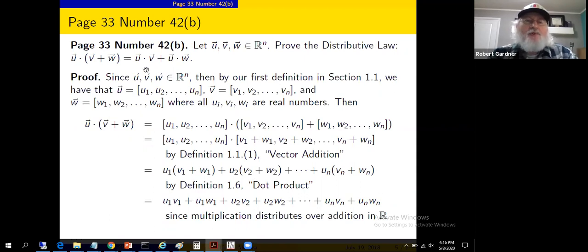Where we're going, we're trying to get u dot v plus u dot w on the right-hand side. Do you see a u dot v? There's a u1 v1. There's a u2 v2. And there's a u sub n v sub n. The things I have left over are u's times w's. Well, that's exactly what we're looking for.